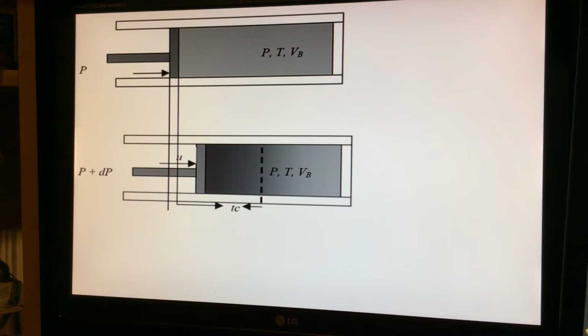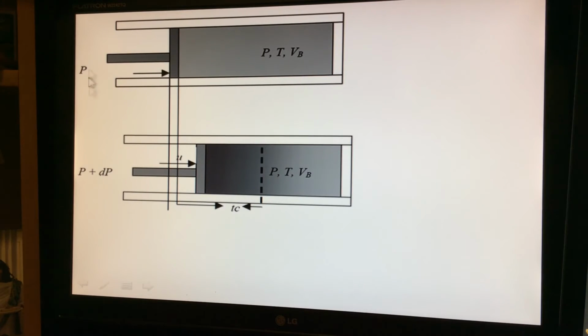For simplicity of the derivation, we have a piston attached to one end of this tube, and the fluid inside the tube is characterized by the pressure, the temperature, and V_B. Here V_B is the specific volume of the fluid. It's very important that you make this distinction. The unit of specific volume is cubic meter per kilogram, and we need that. Just keep an eye on that.